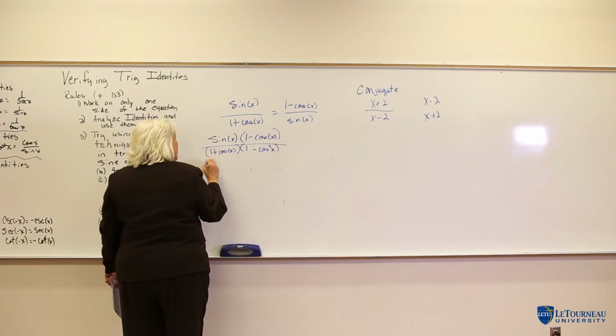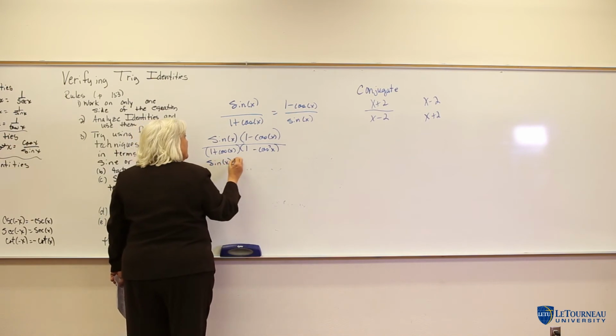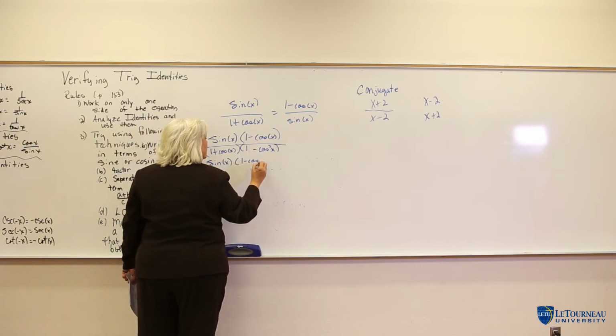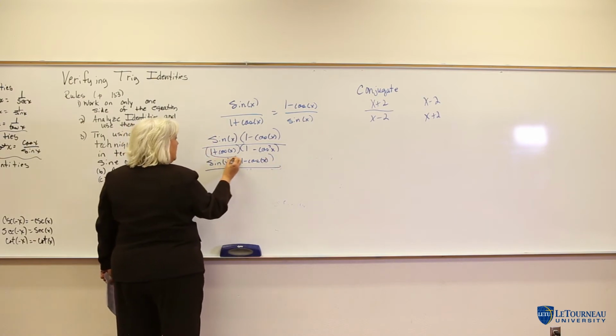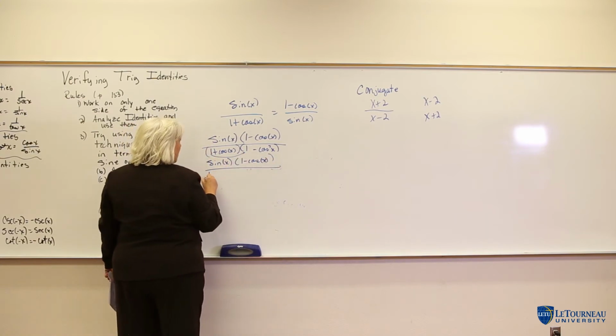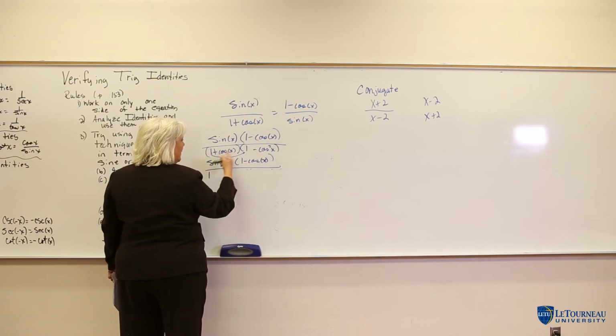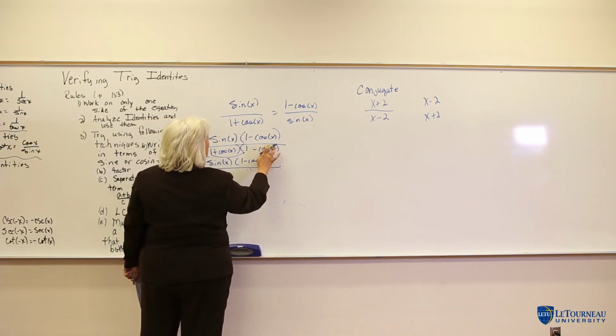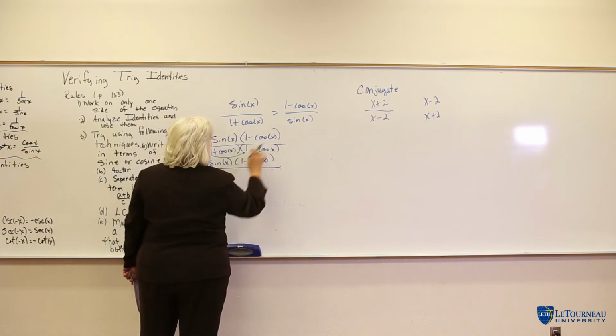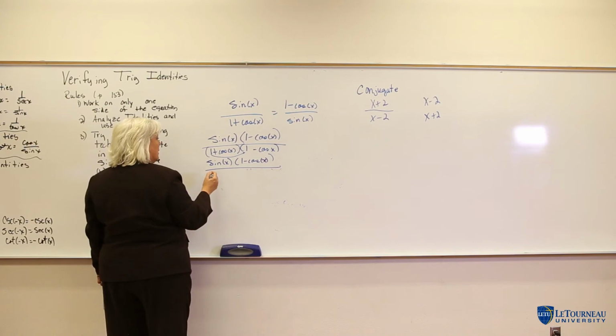What that's going to give me is, I'm not going to multiply the top together yet. Let's see what happens in the denominator first. I'm doing FOIL. When I multiply this together and this together, it becomes 0. That shouldn't have been a square. That should have been 1 minus cosine x.